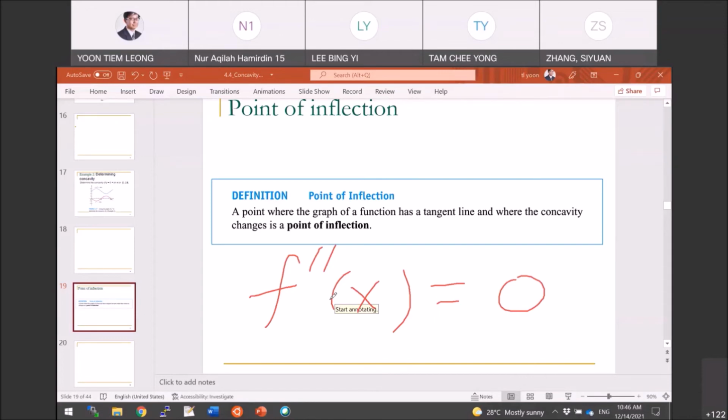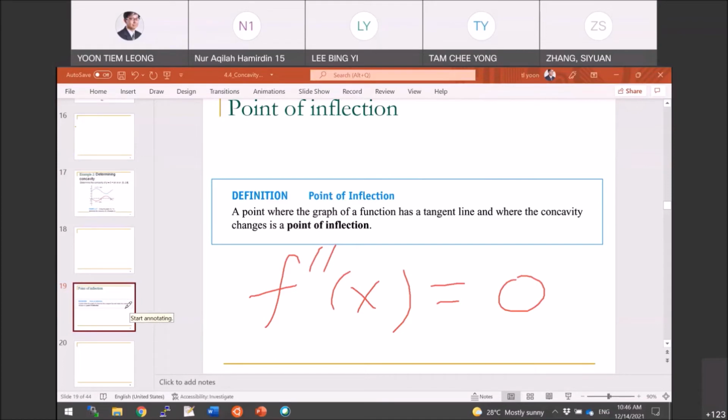Now, after you have found the values of x where f prime prime is equal to 0, then you have to look at that point and see whether it is possible to define a tangent line to it. Now, if it is possible to define a tangent line at the point where f prime prime is 0, then you call that an inflection point.